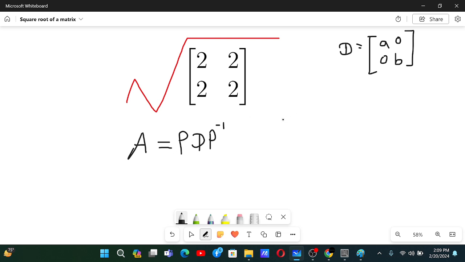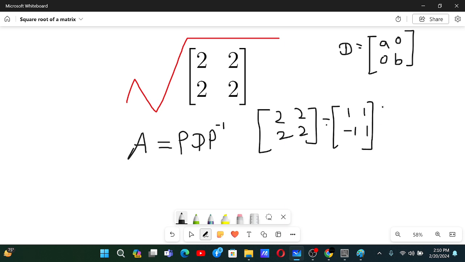So we will be able to express the matrix [2, 2; 2, 2] as [1, -1; 1, 1] times [0, 0; 0, 4] times [1, -1; 1, 1] inverse.